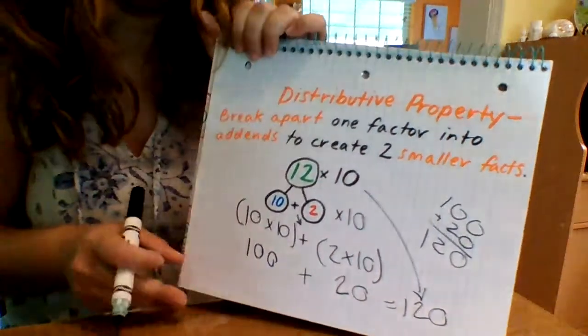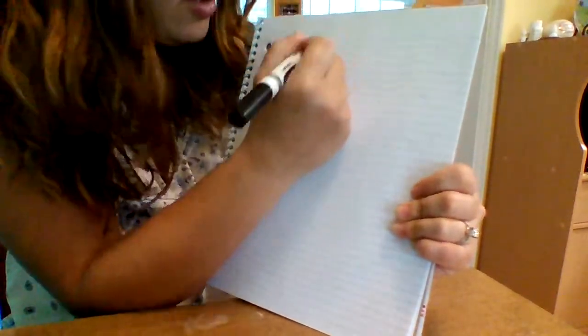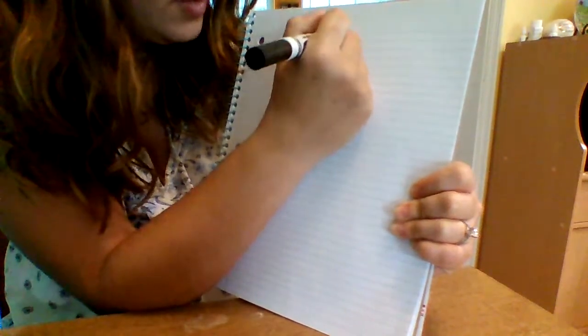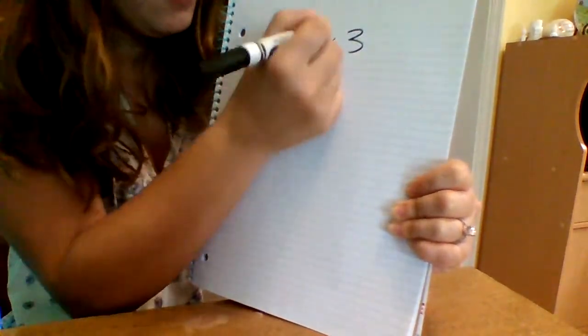Let's try another example of the distributive property. I know it's been a while since you've seen this. So we'll do, it doesn't matter what numbers we do. How about 9 times 3, okay?